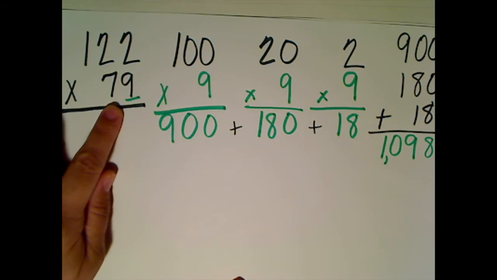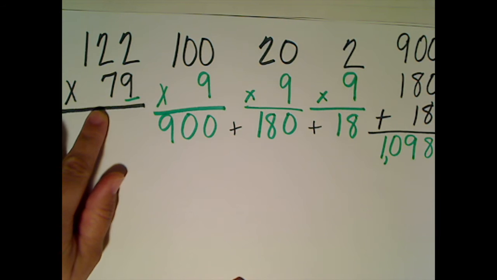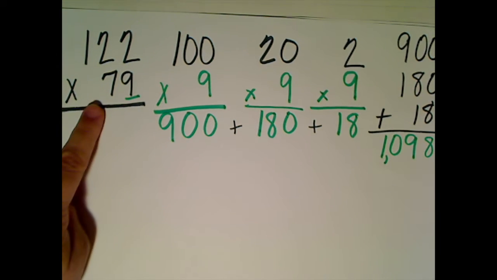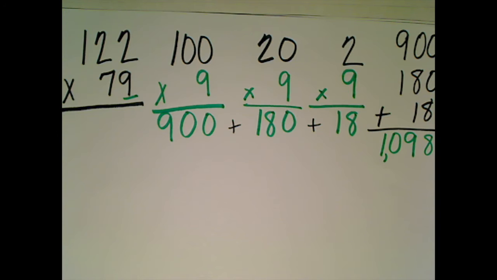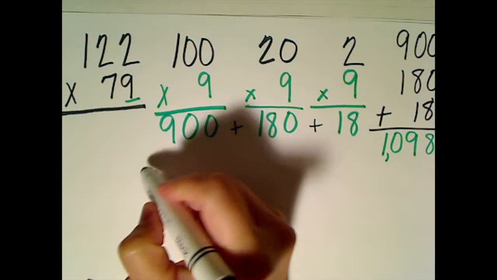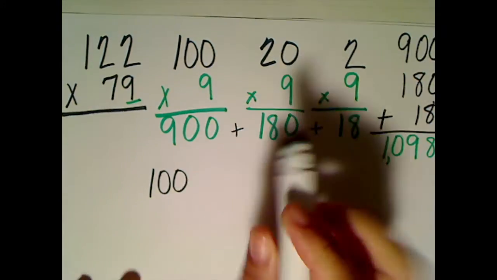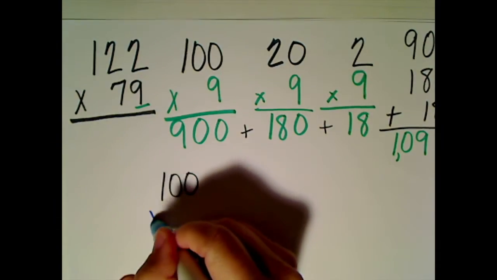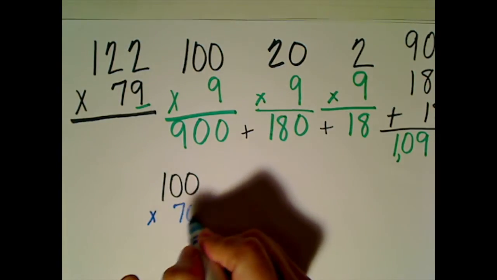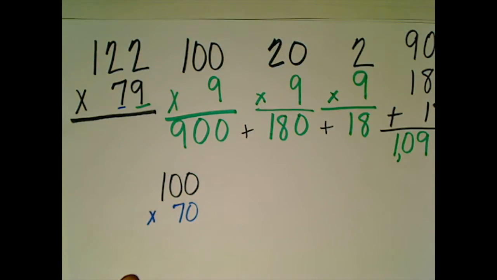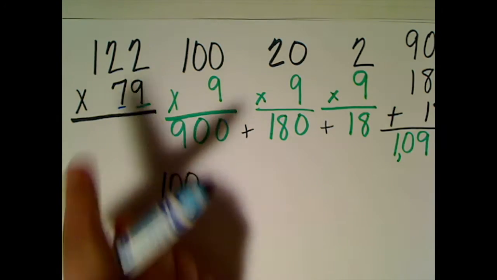What place value do we need to do now? That's right, the tens place value. So now I go through and I say 100 times 70, because we're doing the tens place value.